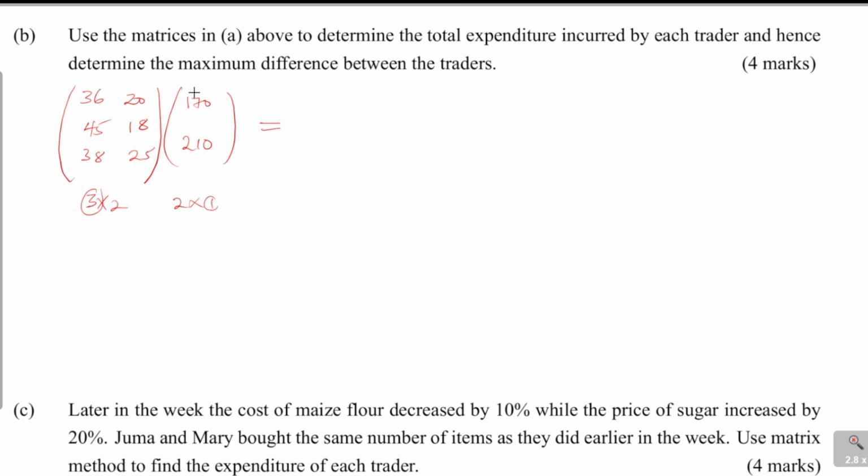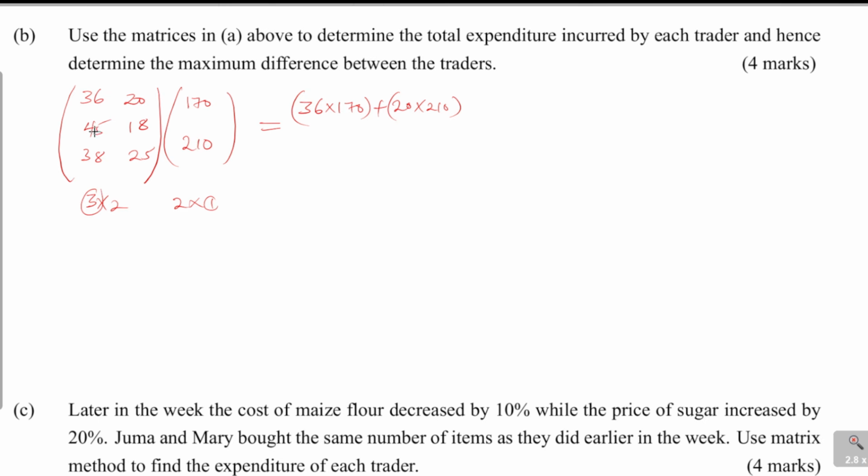Row 1 times the column: 36, 20, 170, 210. So these will be 36 times 170 plus 20 times 210. Ensure that you are able to multiply these matrices. That is the first row multiplied by this column.